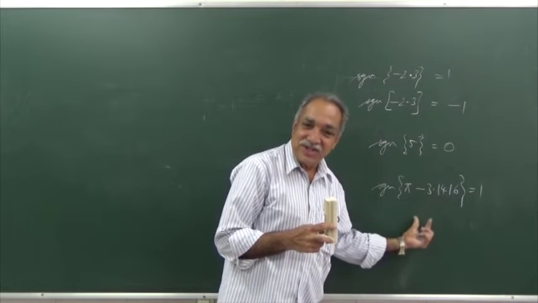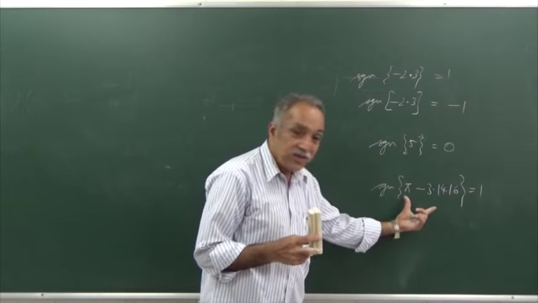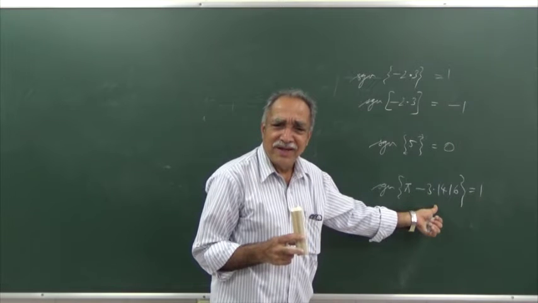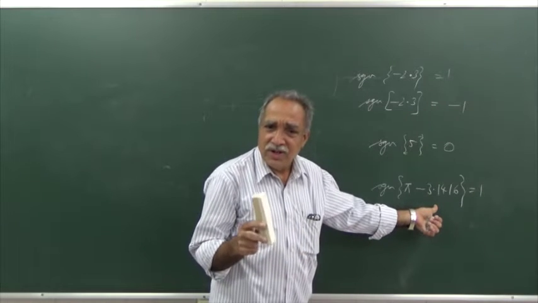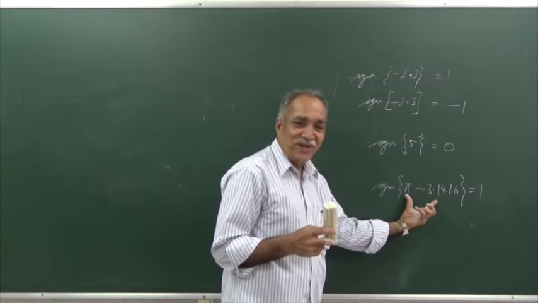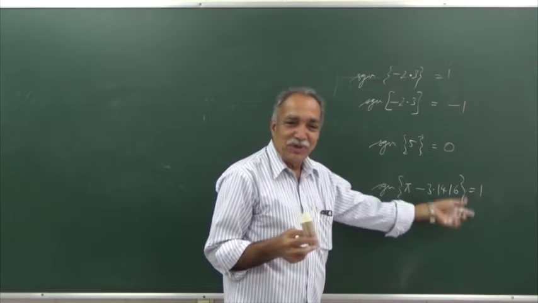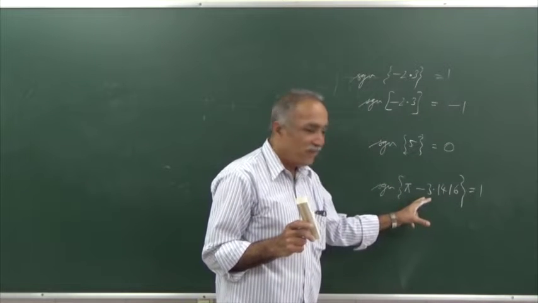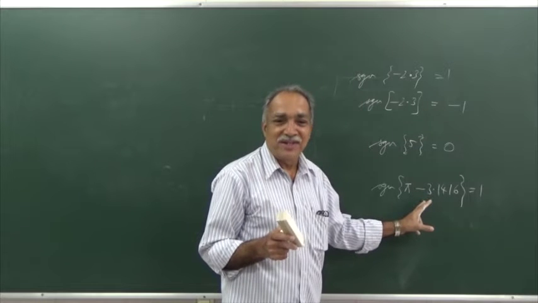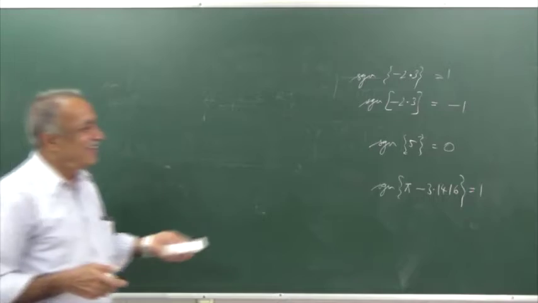The fractional part is itself. Is the difference negative? Is pi less than this? What is an approximate value of pi? 3.14159, not 3.1416. Okay, then this is negative. Still, the fractional part is positive, so signum will be 1. The only thing is whether the fractional part is 0 or not. That we have to be careful about. Fractional part is never negative. Right. Okay.